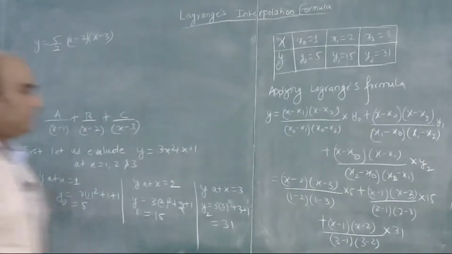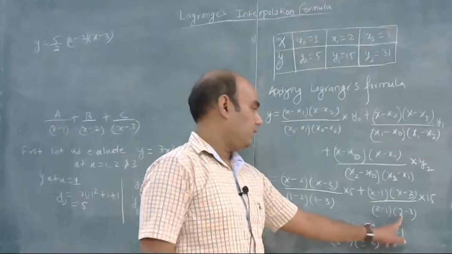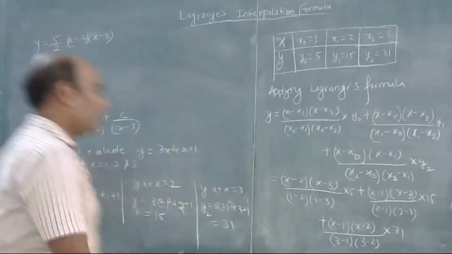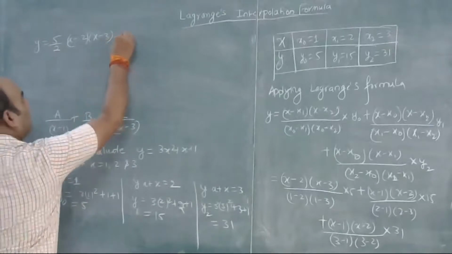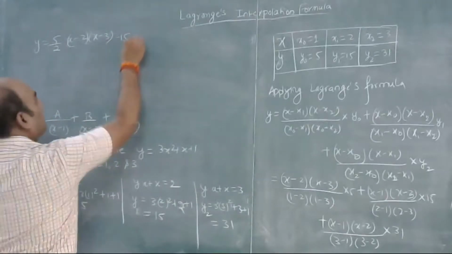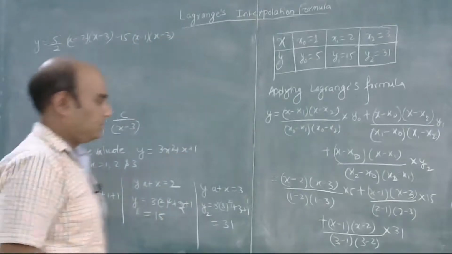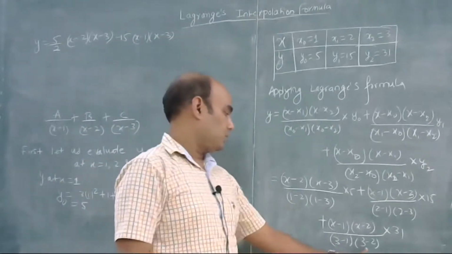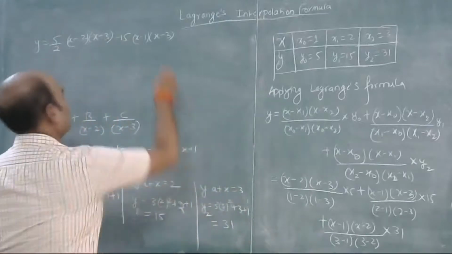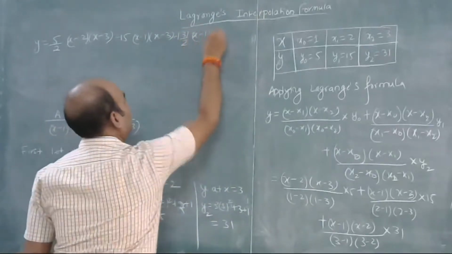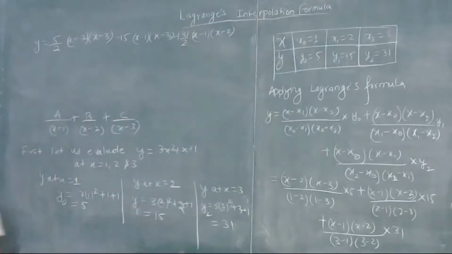Okay, this is 2 minus 1 is 1 and 2 minus 3 is minus 1, so this will be equal to minus 15, minus 15 (x minus 1)(x minus 3). Last term, this is 2 and it is 1, so 31 divided by 2, so plus 31 by 2 (x minus 1)(x minus 2). Okay, so in this way you can find the value of y.